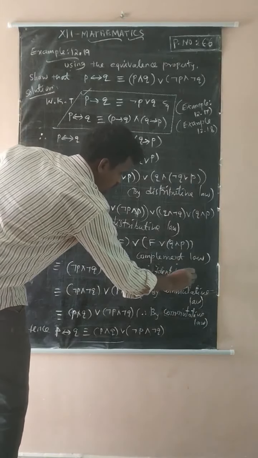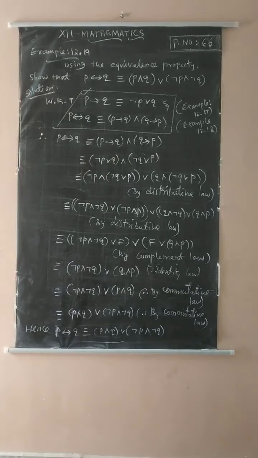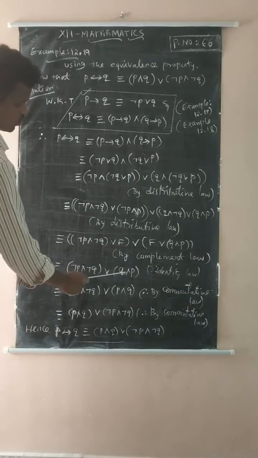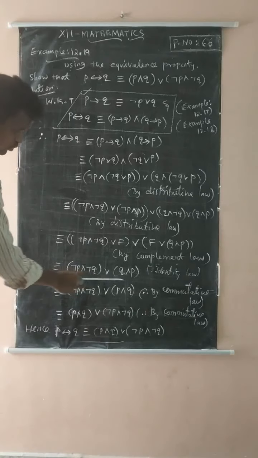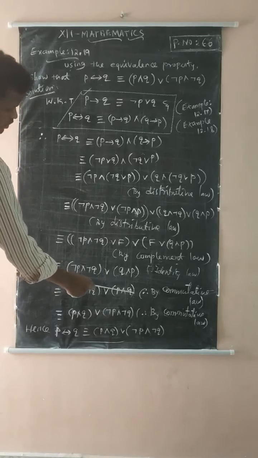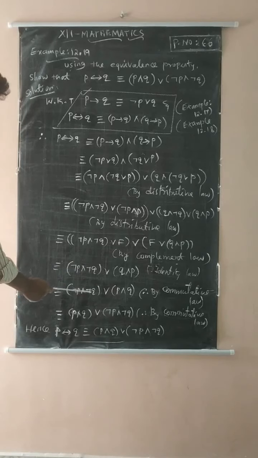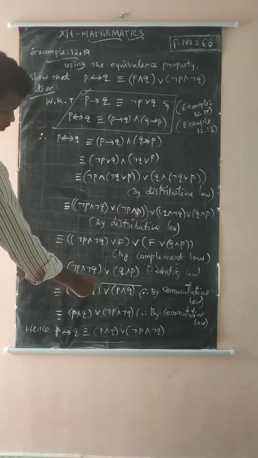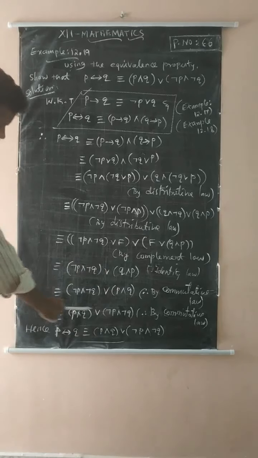Identity law. Which is negation P and negation Q, or Q and P. First we use the commutative law and get P and Q. Negation P and negation Q, or P and Q. Next we use the complement law.